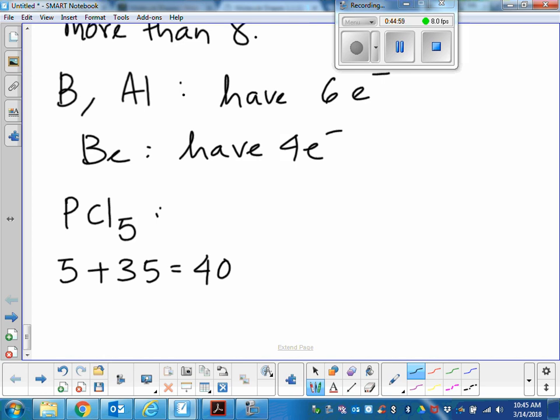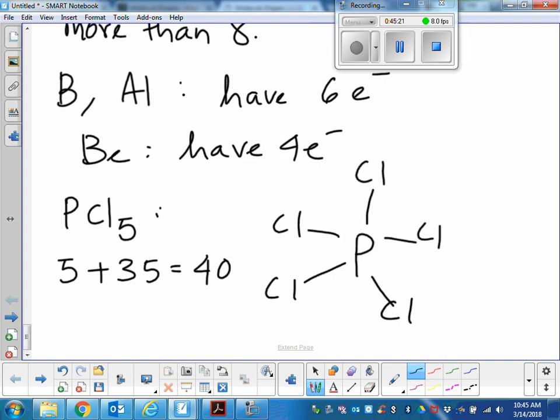So when I draw the symmetrical arrangement, here is where I know to break the octet rule. There are 5 chlorines surrounding phosphorus. It's okay for me to put all 5 chlorines surrounding phosphorus. And instead of making 4 bonds, make 5 bonds, which gives the central phosphorus 10 around it.